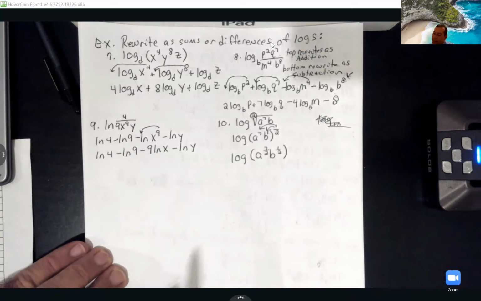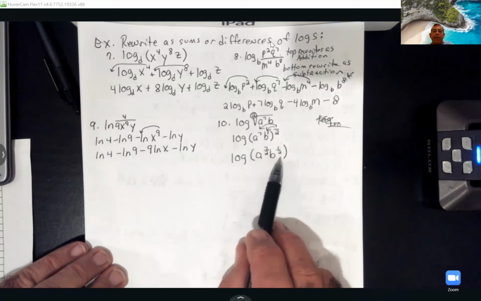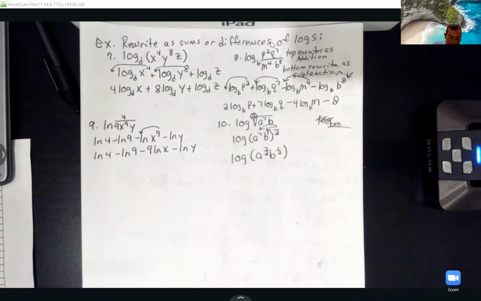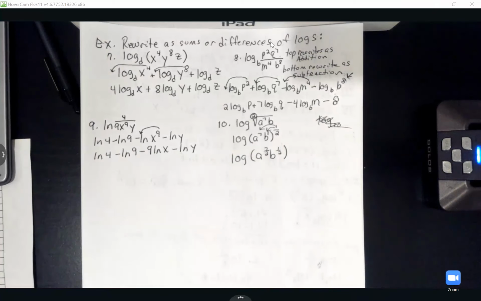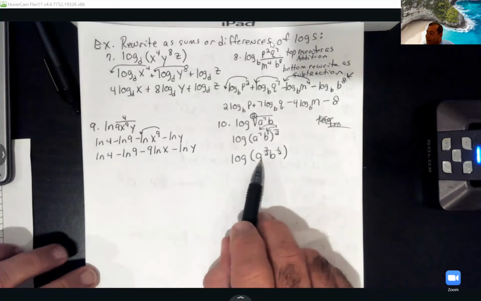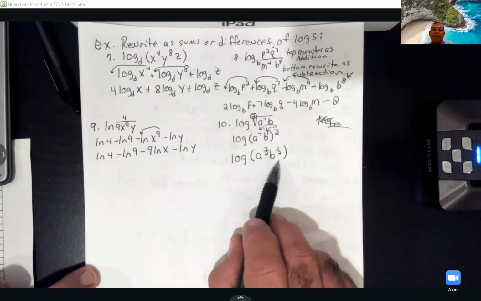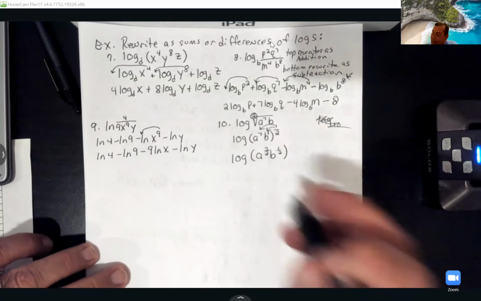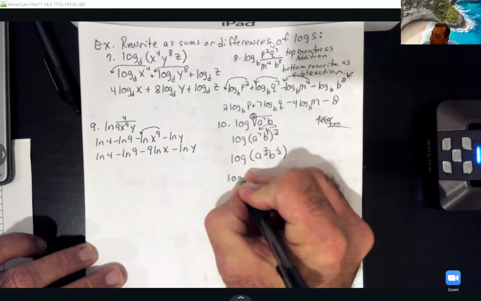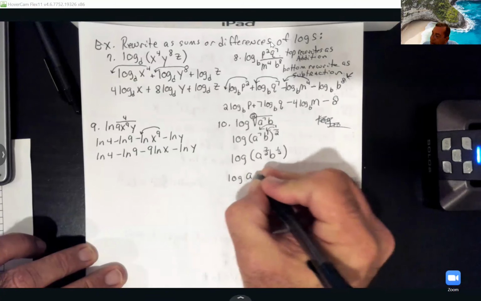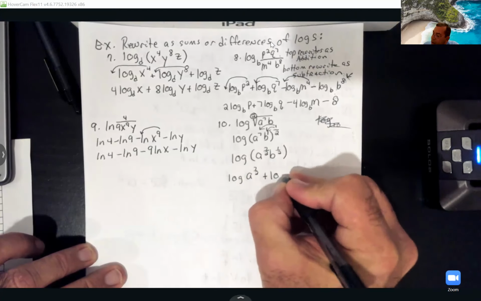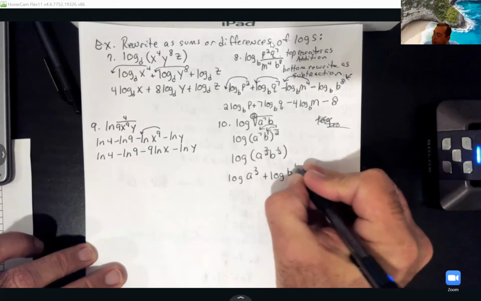So let me ask y'all this. These are being multiplied. So what will I rewrite that as? The 7/2 log a, and then minus 1/2. Oh, not minus. These ones are being multiplied. So remember, the product. So these will be added. So I would do log a to the 7/2 plus log b to the 1/2.